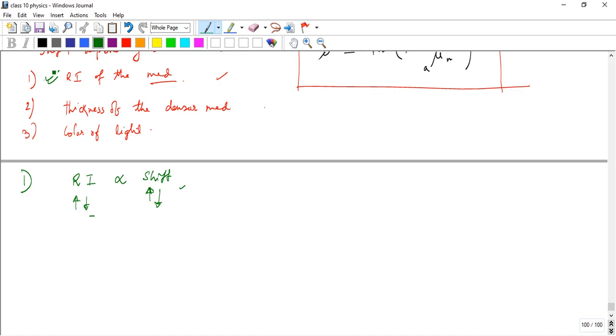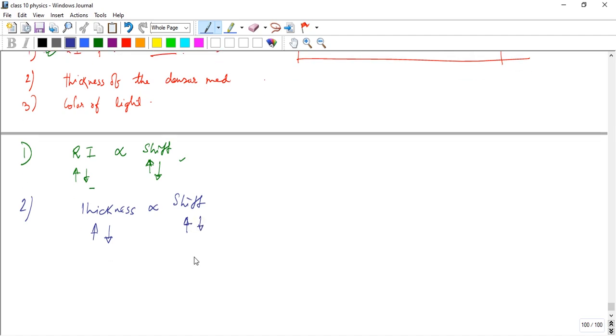They are directly proportional. Next, number two, thickness of the denser medium. More thickness, more shift. Thickness is also directly proportional to shift. More thickness means more shift, less thickness means less shift.